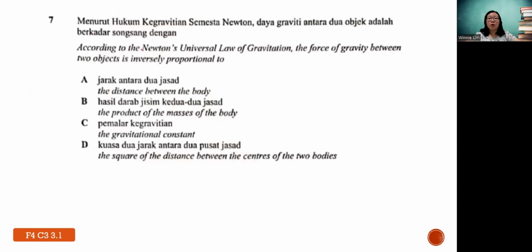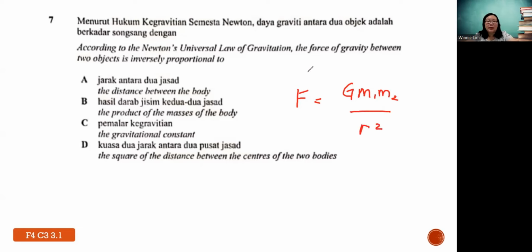Number 7, according to Newton's universal law of gravitation, the force of gravity between two objects is inversely proportional to what? So of course, first you need to know the formula for Newton's universal law of gravitation, which is F equals to what? G m1 m2, or capital M small m, also no problem, as long as between two objects, over R square, right?